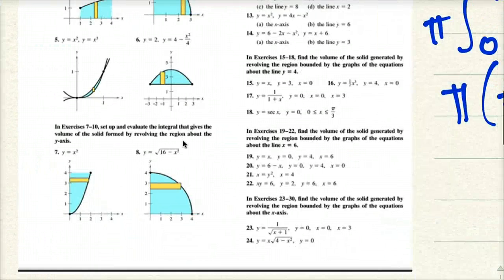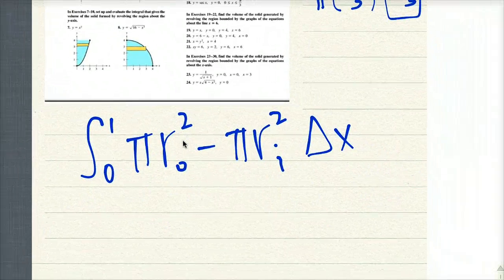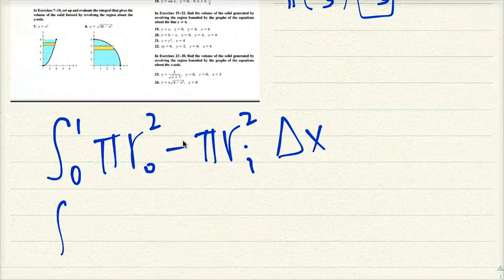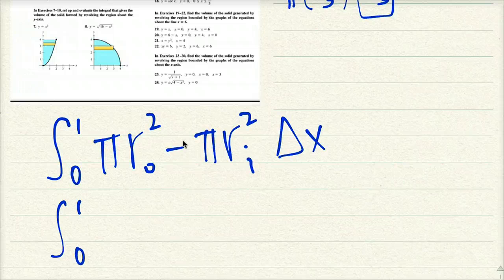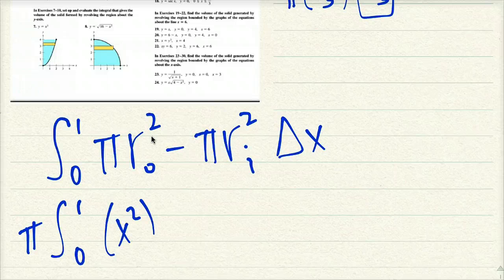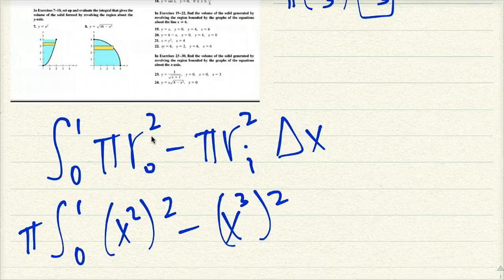So what I'll do is I'll go back to my problem. You may notice I have a pi here and a pi here, so I'll factor out the pi. The radius out is going to be x squared, and the one on the inside is going to be x to the third. Like so.